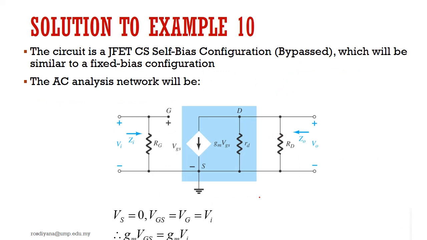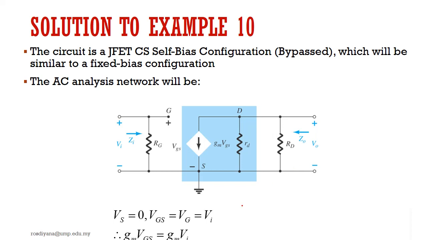Now you draw the AC circuit for the self-bias bypass. Remember that the capacitor is shorted, so the current flows from the S terminal to the ground directly, so the RS is actually eliminated from the circuit. So there is no RS here, and this circuit is actually similar to the fixed bias.